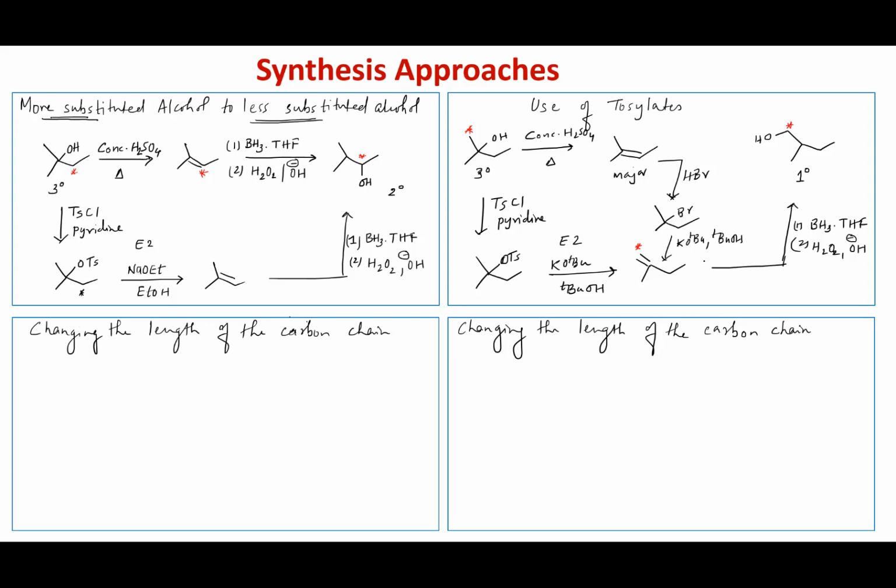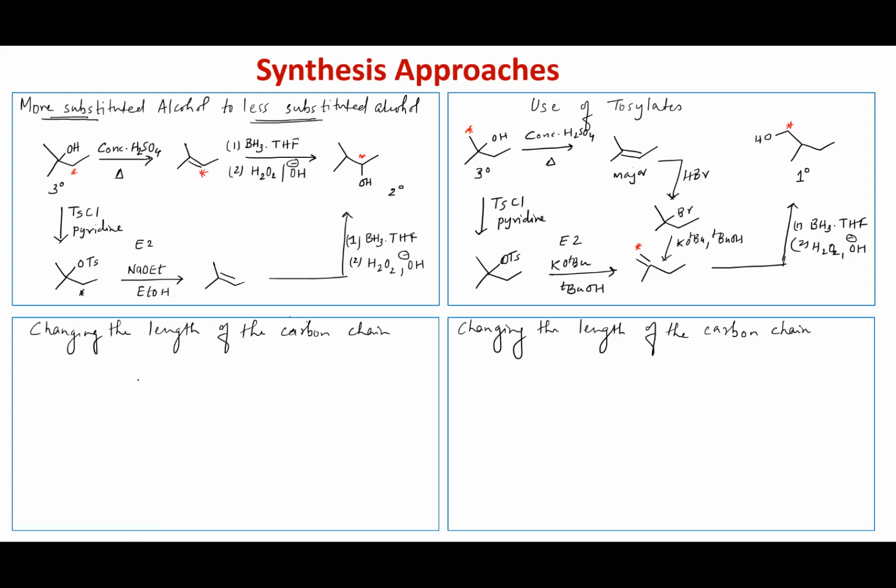So I can merge onto this other pathway and continue to make that alcohol that I want. So there are possibilities. Again, the point being, there are various approaches. As long as you choose the right reagents and the right intermediates, you're going to make the same product.